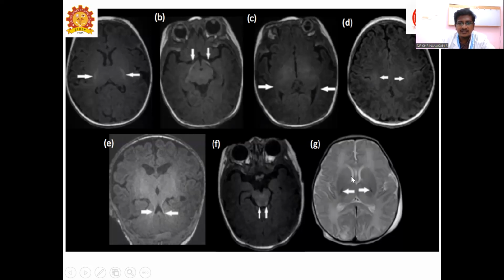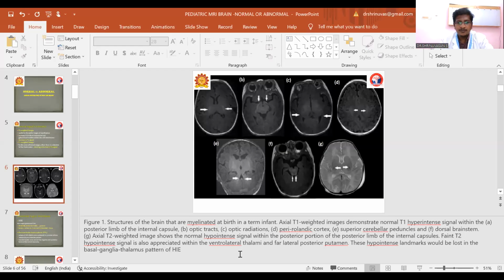The last one is the T2 weighted image, where you can see hypointense signal in the ventrolateral thalami and the posterolateral putamen.